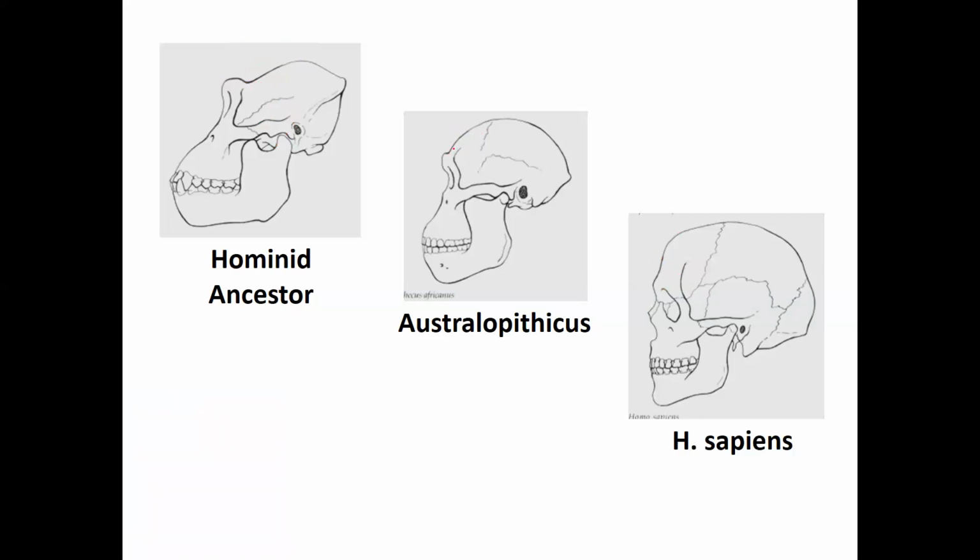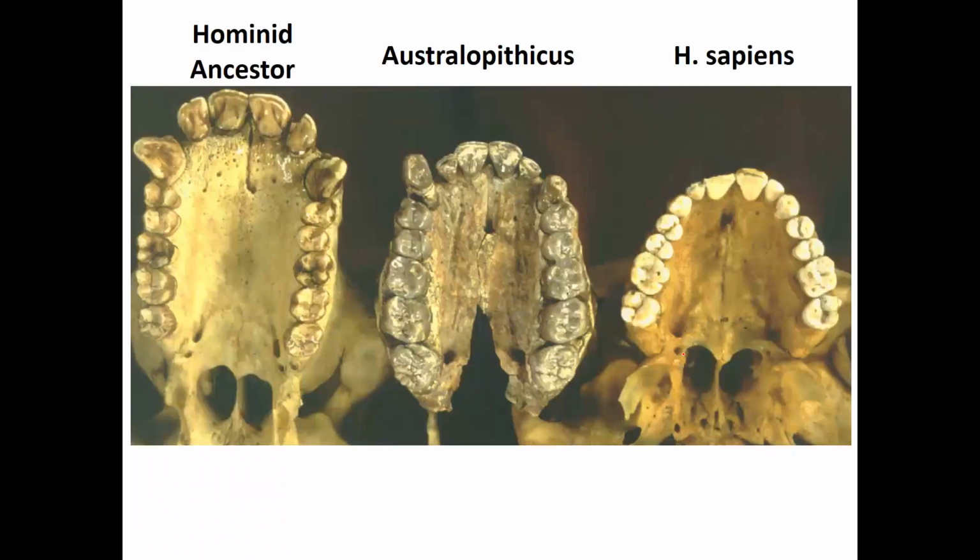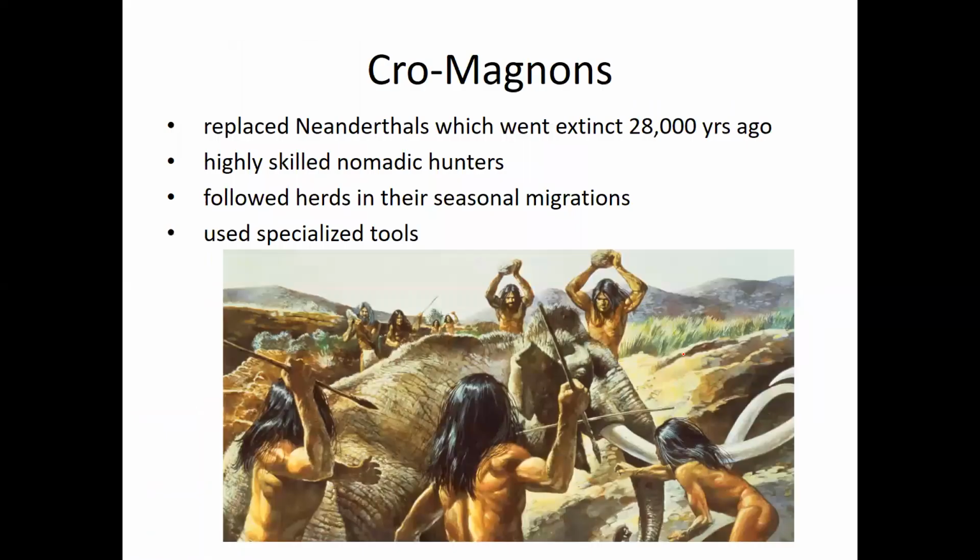This prominent brow ridge is from the skull just going backwards, right? Because we have this bone around here to protect the eyes, but we just don't have the prominent brow ridge. We have the much smaller jaw and smaller teeth. As you can see, that decrease in jaw size and teeth.